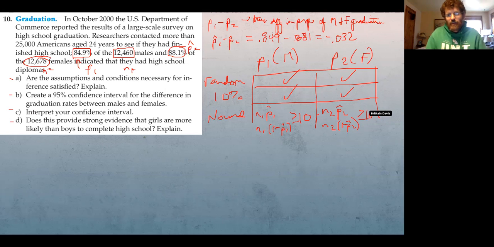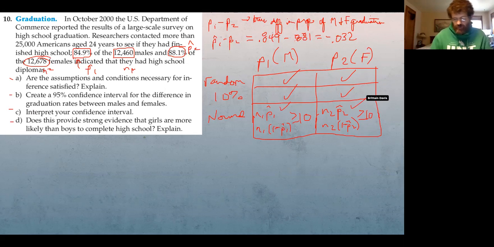Now here's where I will get a little bit lazy. There's over 12,000 in this sample. I hope you understand that with 12,000 in your sample size, you're going to have at least 10 failures and 10 successes. That's pretty obvious, so I'm going to just say yes, we met both of these.